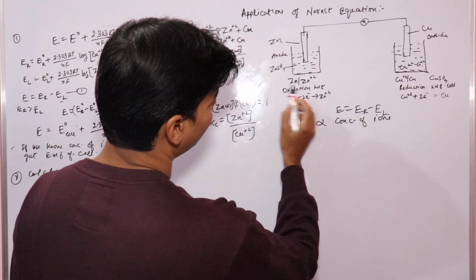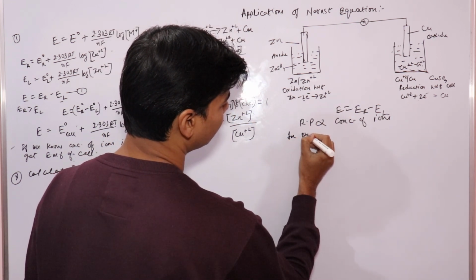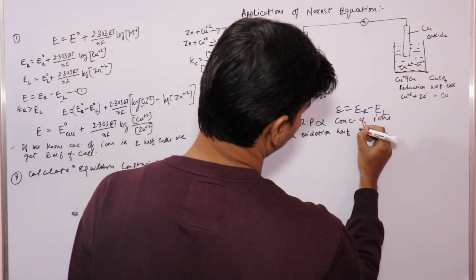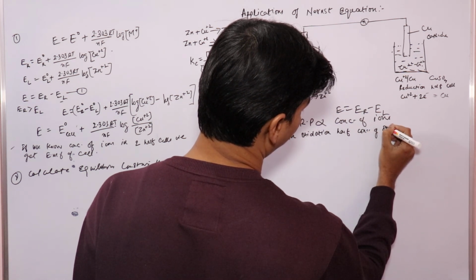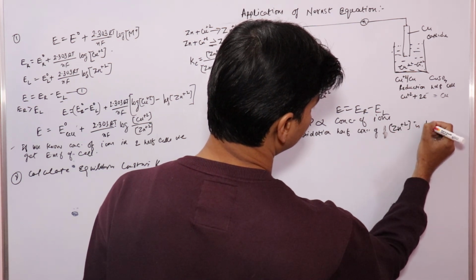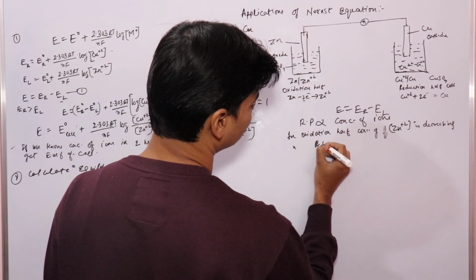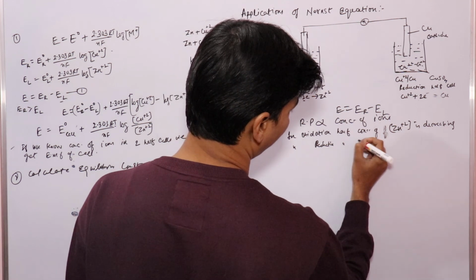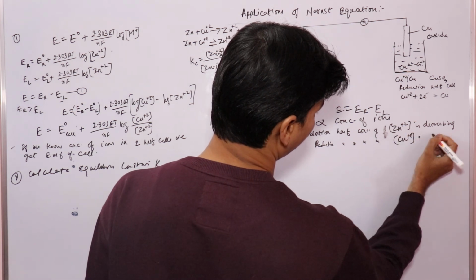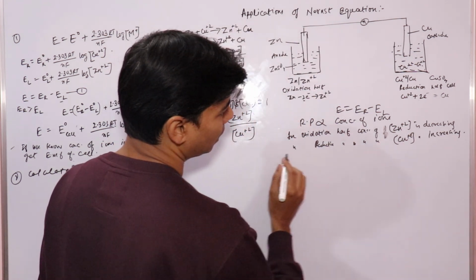And we have just seen that in the oxidation half cell, the concentration of zinc ions is increasing, and in the reduction half cell, the concentration of copper ions is decreasing.